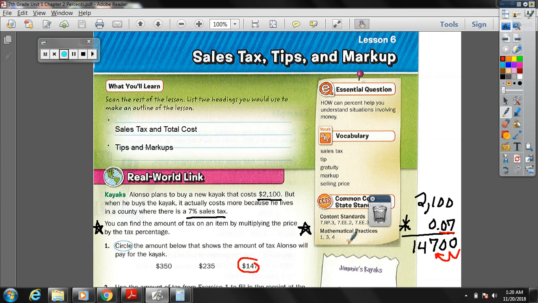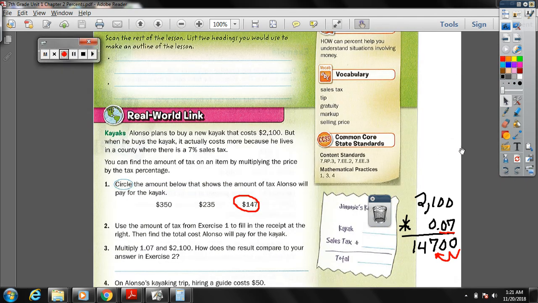So now we continue. We have to use this information as we move into the next part. As we continue moving forward, we now know that the kayak is $2,100. The sales tax is $147.